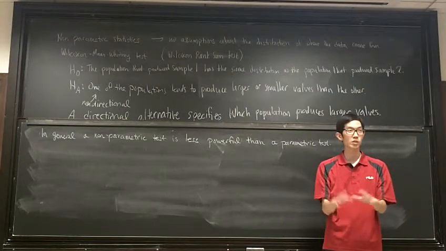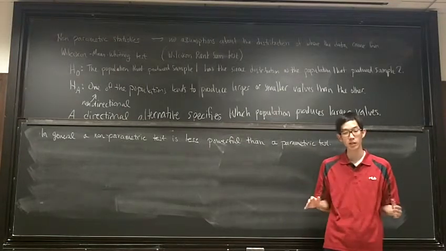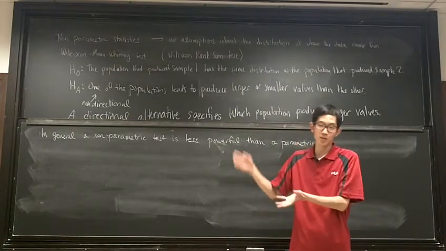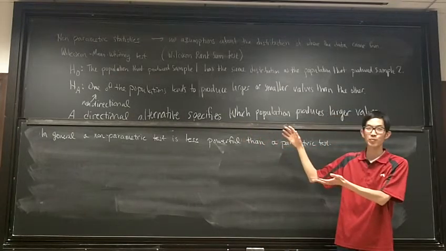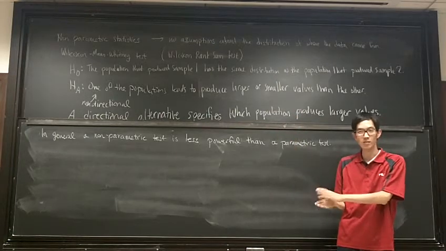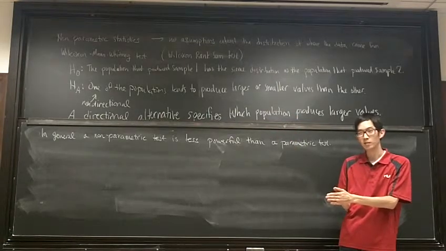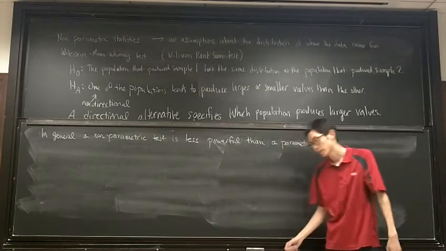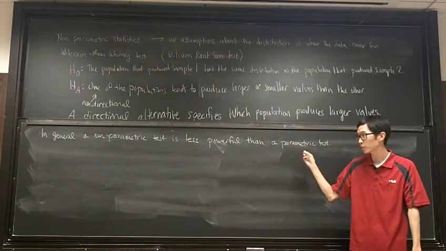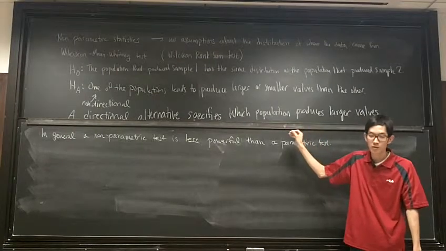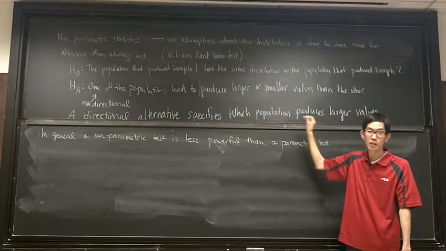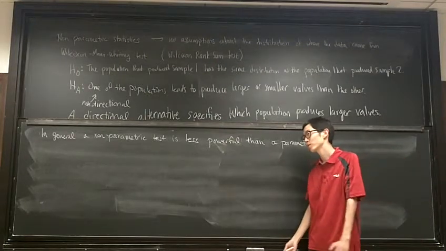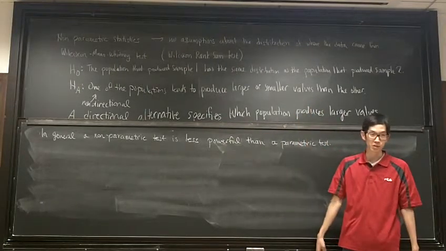Because we're assuming a lot less, we're more willing to give a little bit more benefit of the doubt to the null hypothesis, if that makes sense. So anyway, that's something to keep in mind. But sometimes it would just be flat out wrong to use a parametric test because the assumptions or conditions are not met.